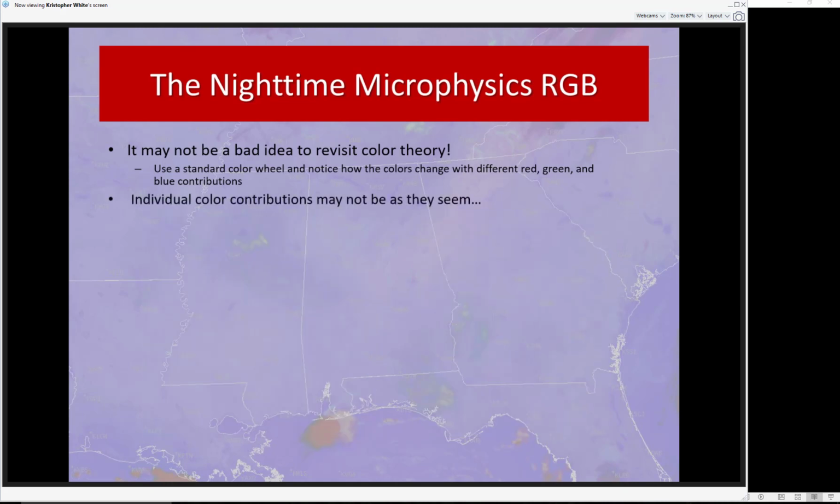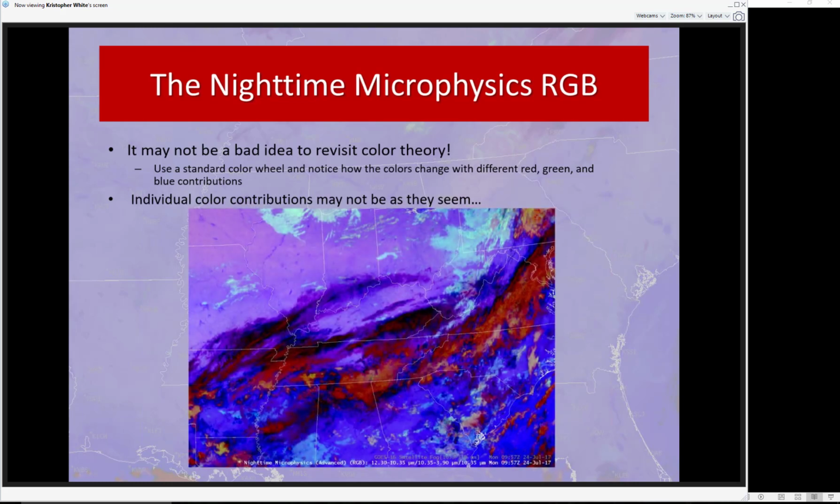So let's look at an example. Individual color contributions may not always be as they seem. Here was a cloud scene from just a couple of days ago over a good portion of the Ohio and Tennessee valleys and some adjacent areas. What we're first going to pay attention to is this cloud feature here in West Tennessee, and I sampled over that.